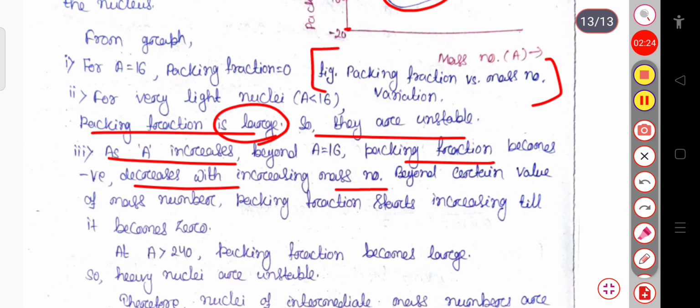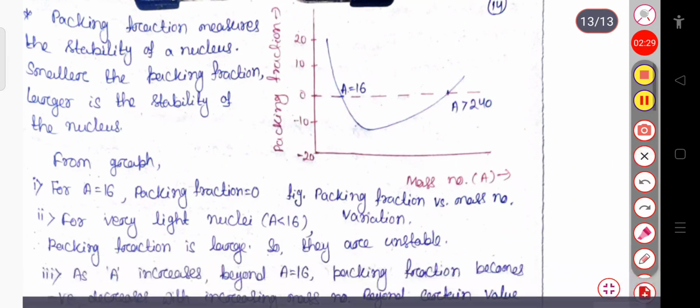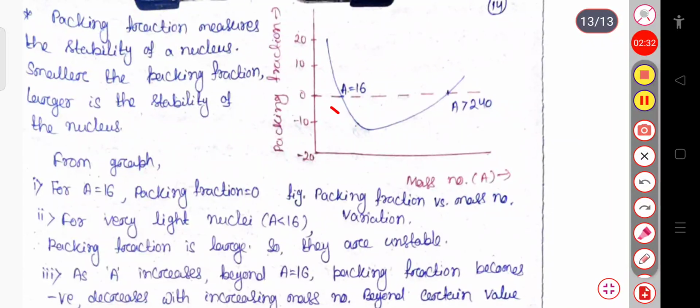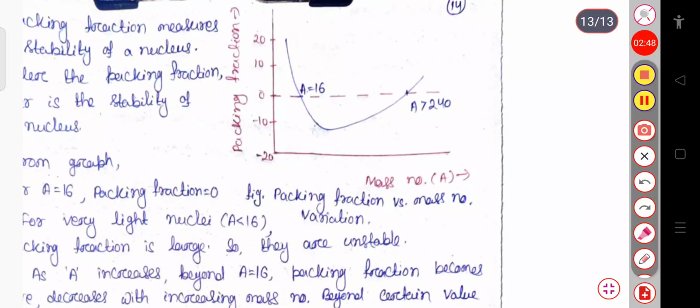These are your negative values. So the packing fraction will be negative and decreases with increasing mass number. Beyond a certain value of the mass number, the packing fraction starts increasing till it becomes 0 again at this point.